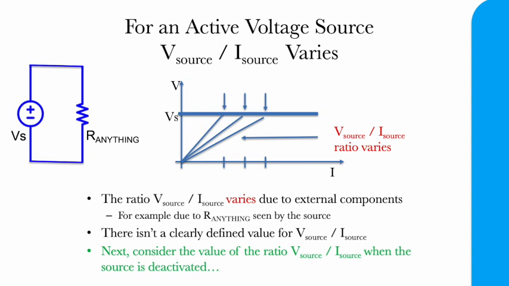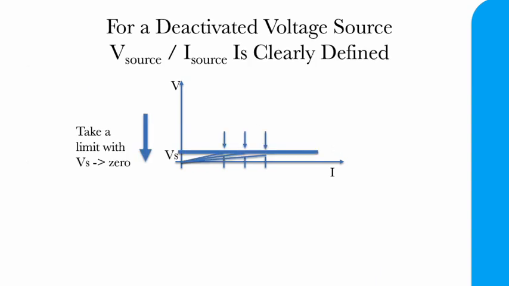So now, let's consider what the value of this ratio is when we turn the source off. We can visualize that case by taking a limit as we let the intensity of the source drop to 0. In this case, with that value approaching 0, the ratio of voltage to current for the source converges to 0.